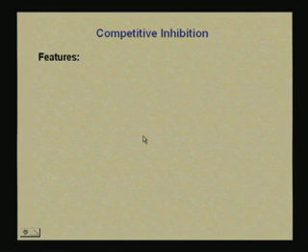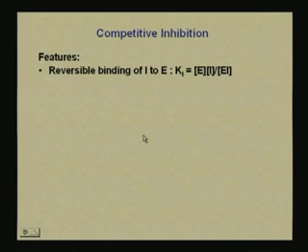So, what are the features of competitive inhibition? There is reversible binding of I to E. What is the Ki? It is the dissociation constant of the EI complex. Is this an association or a dissociation?